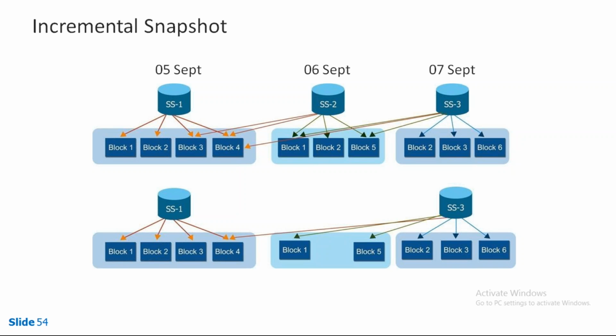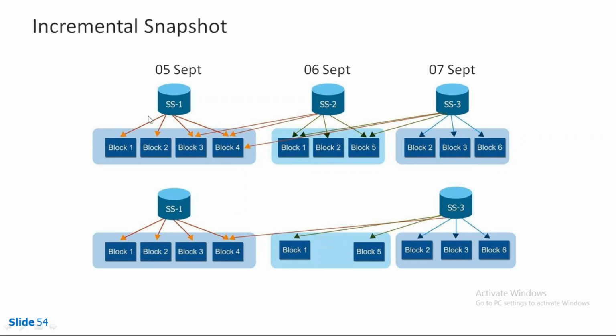Full backup is nothing but, irrespective of what it is, it will capture the entire volume just like that and write it to whichever location you provide. And every time it will copy the total data to the other location you provide. But whereas incremental snapshot refers to, okay, for example, you see here 5th September. It is an older slide, so it is showing some different dates, don't worry.